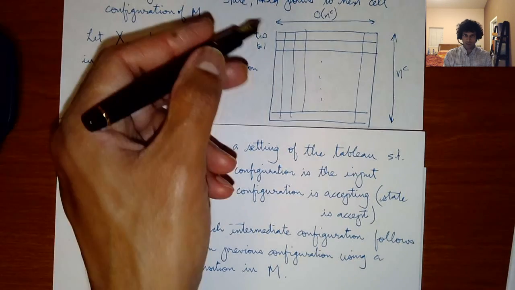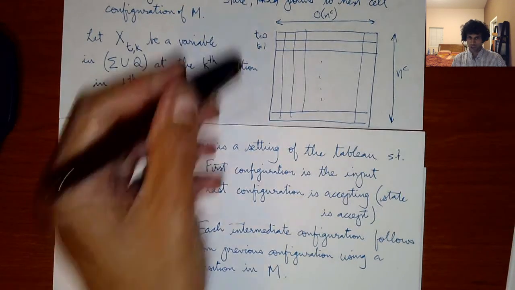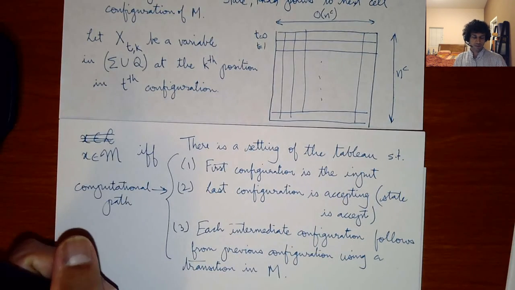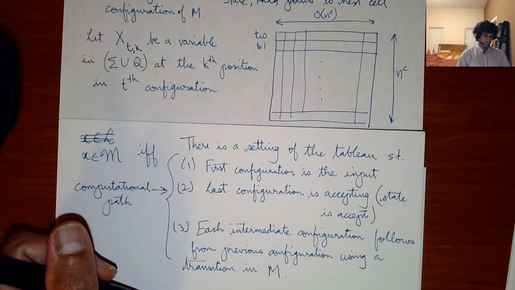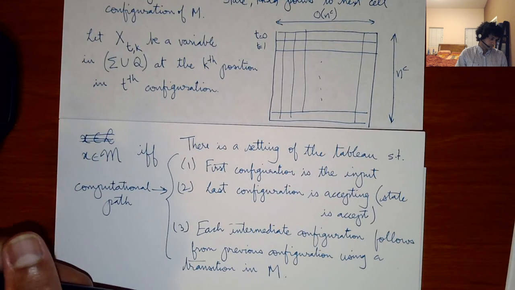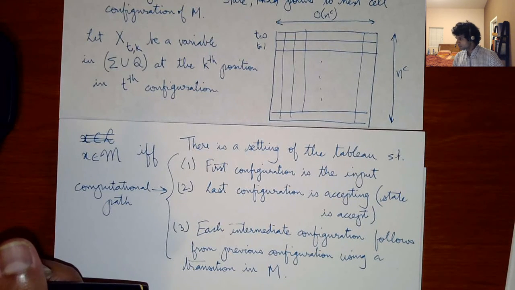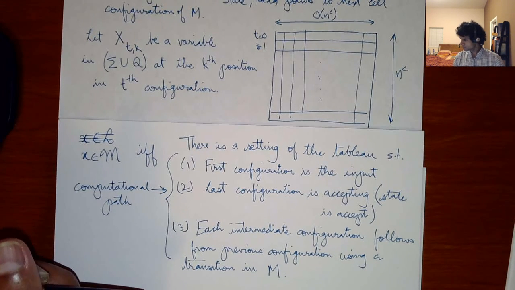And importantly, there are only polynomially many such things. So is this clear?